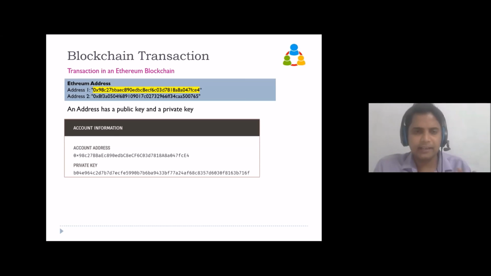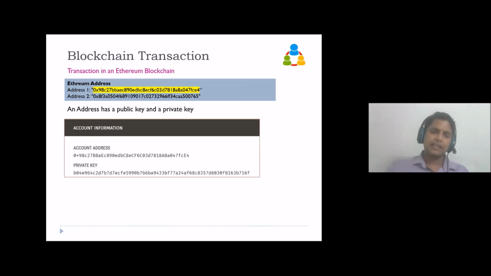That is another string which is used as a private key to sign a transaction. Signing a transaction means that in order to execute a transaction, to say that I want to transfer 10 Ether in Ethereum, the cryptocurrency is called ether. If I say I want to transfer 10 ethers, whoever is doing the transaction from address 98C27 should be able to sign the transaction. That signing happens through the blockchain software.